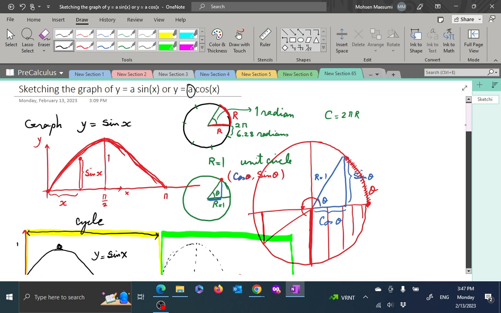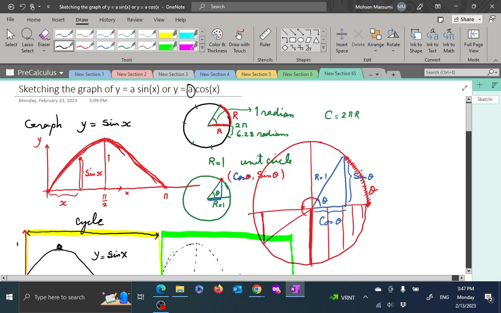If it is positive and less than 1, it's going to shrink to that height. If it is negative, in addition to whatever else we are doing with scaling, we are also flipping it upside down. Okay, you want to practice this and be able to graph these things, each of them in under 1 minute.